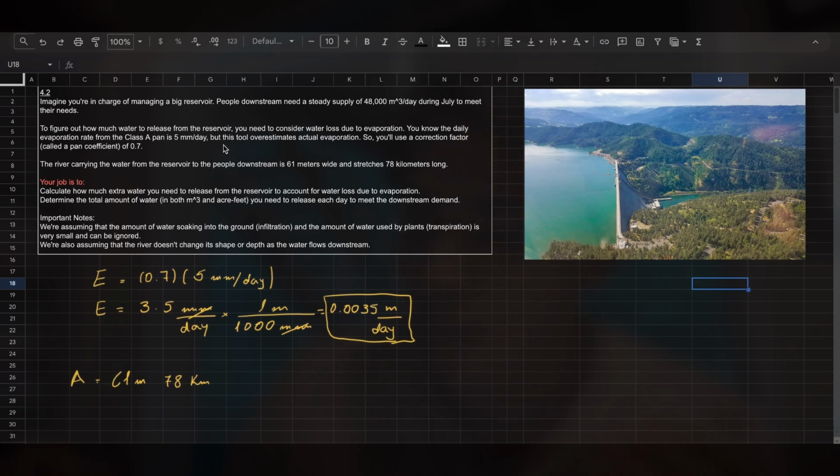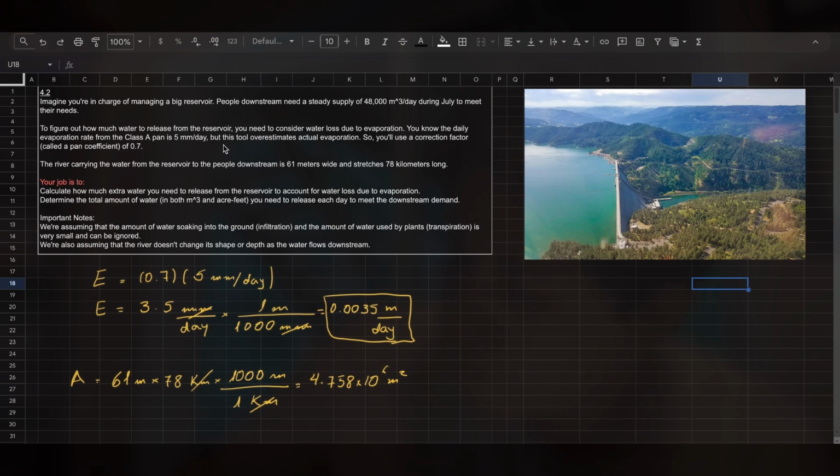That's 61 meters times 78 kilometers, and there are 1,000 meters in 1 kilometer. Cancel kilometers. That's going to give us approximately 4.758 times 10 to the 6 square meters, and that's the area.